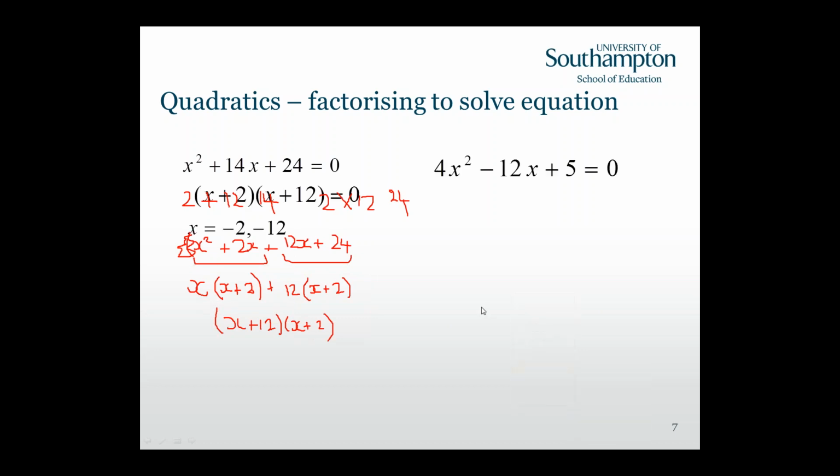But for the more complicated ones that have a number in front, and the students have quite a lot of different options available to them, it's a bit better. We're looking for two numbers that add together to make minus 12, and two numbers that multiply together to make 20, because we do 4 times 5.